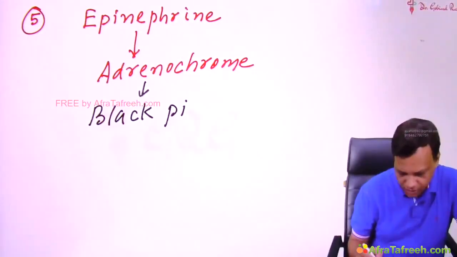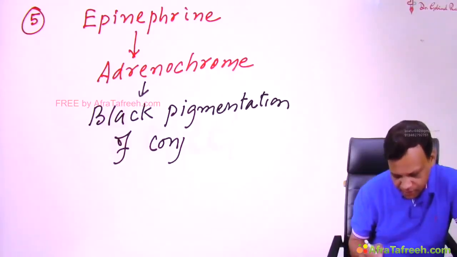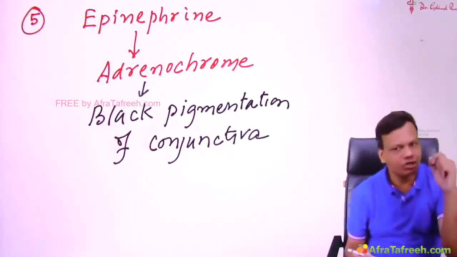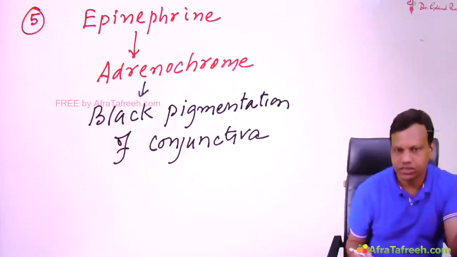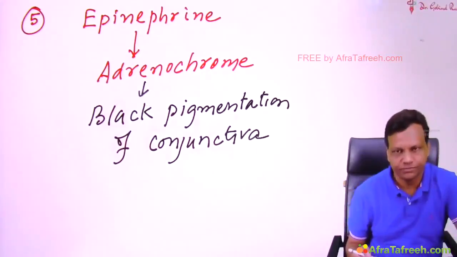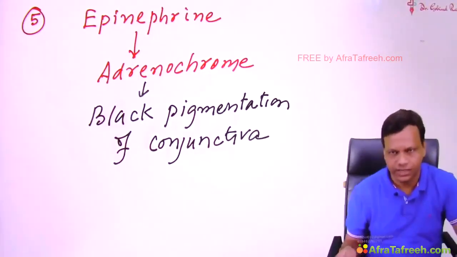So if the question is asked which drug causes black pigmentation of conjunctiva, it is adrenaline. So read very carefully. Pigmentation of iris is caused by prostaglandins, but black pigmentation of conjunctiva is caused by epinephrine. Okay? So these are the important adverse effects of anti-glaucoma drugs.